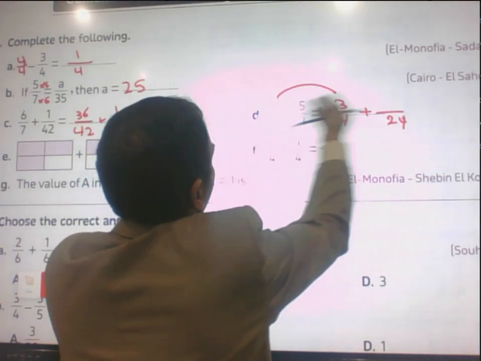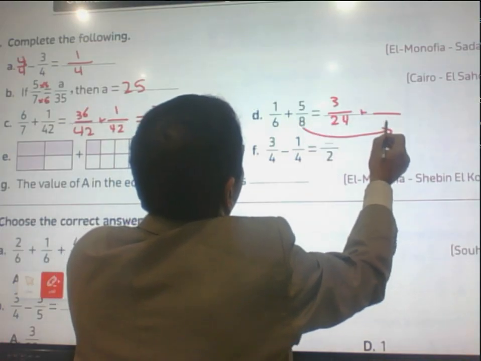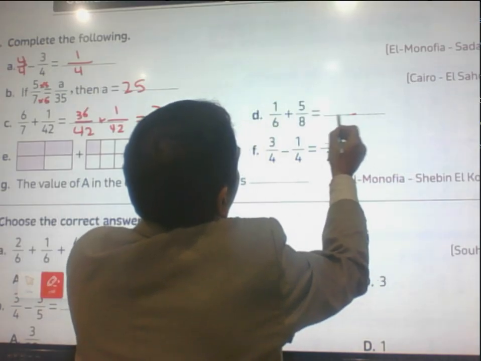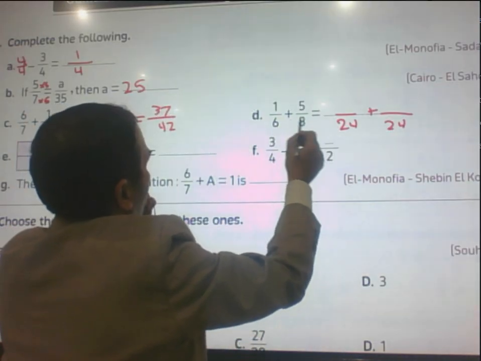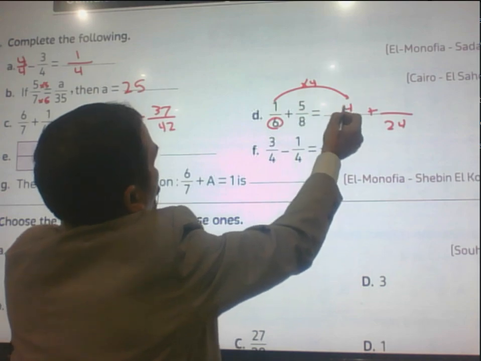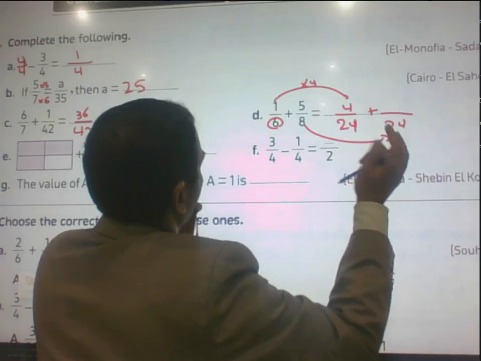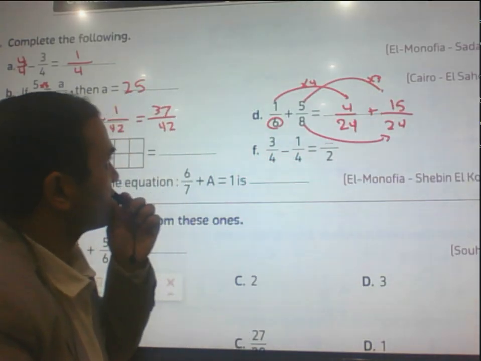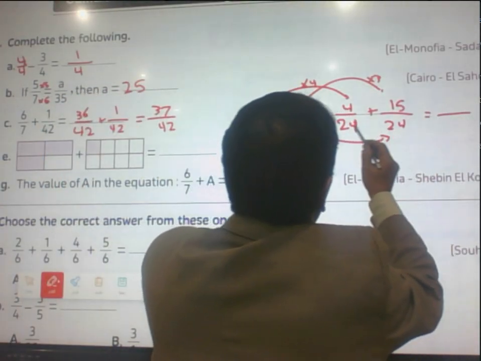And then, down here, 4 over 24 plus 5 over 24. 8 here convert to 24 by multiplying by 3. 3 times 5 equals 15. We multiply up and down here by 3, and here up and down by 4, because the least common multiple between the two numbers equals 24.